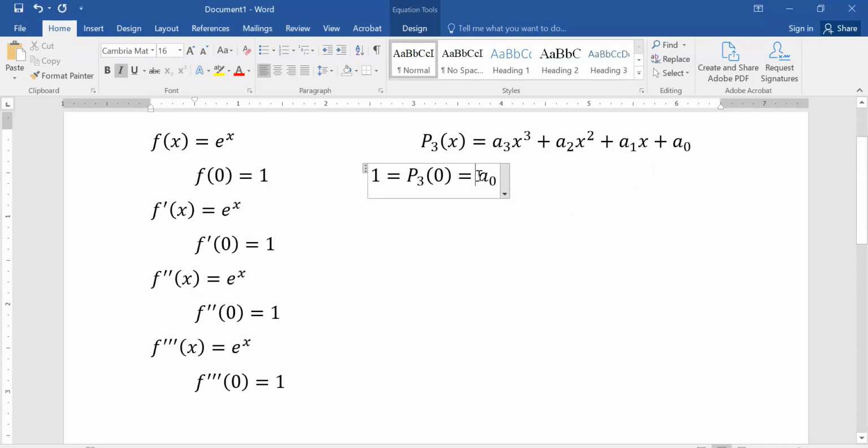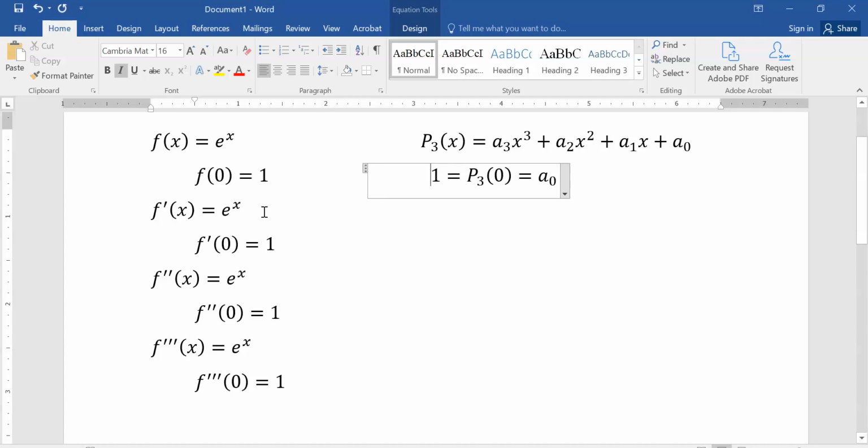Basically, what this says is that P3 of 0 should have an a0 value of 1. So P3 of 0 should be 1. That forces a0 to be 1. All right? And we're going to keep doing that.